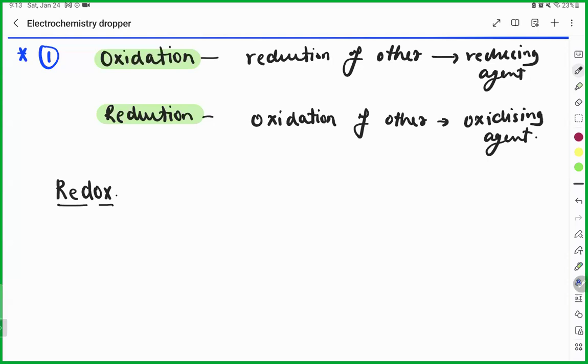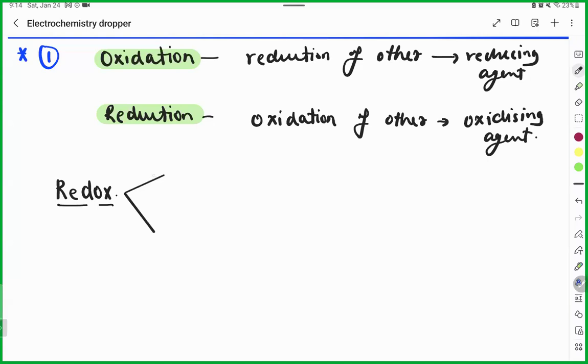If you are a good donor who donated 1 lakh rupees, it means there is an acceptor who accepted 1 lakh rupees. Same here. If you are undergoing oxidation, you are losing electrons, it means other will gain electrons, causing reduction. So reduction and oxidation occur simultaneously.